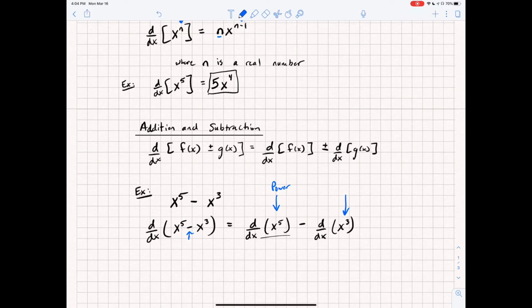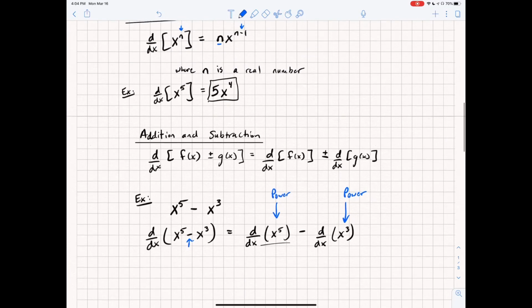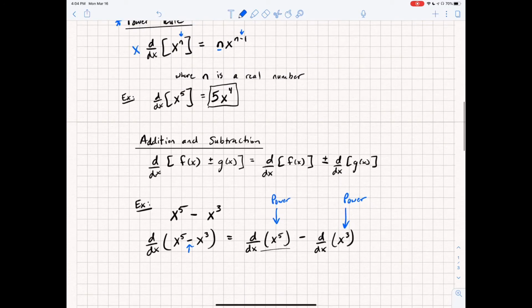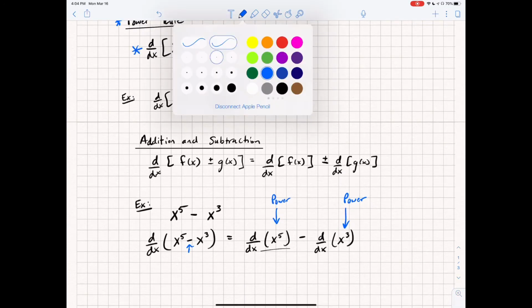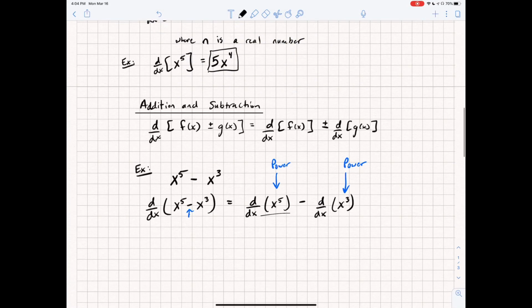And this is x to the 3rd, which is, again, a power rule. So I can go through and take these derivatives using this setup. Derivative of x to the 5th is 5x to the 4th minus derivative of x to the 3rd, 3x squared. And so this is the addition and subtraction rule.